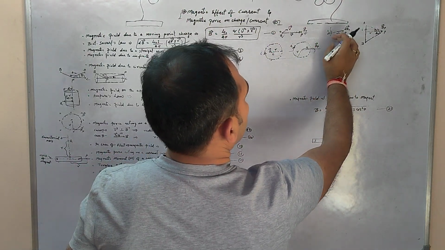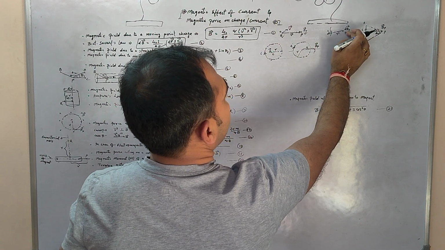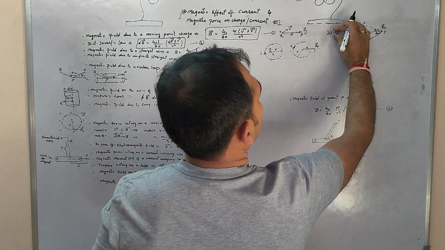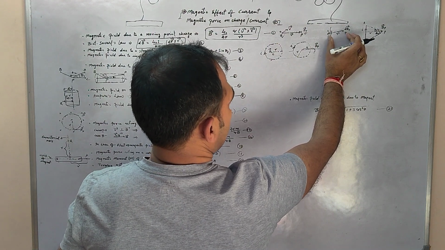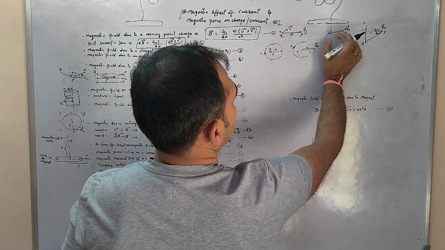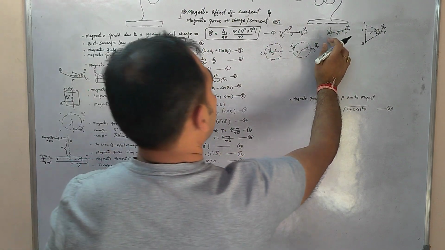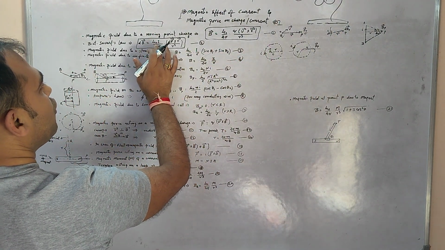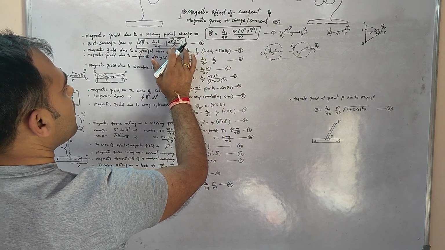So magnetic field dB due to this small dl at a distance r, where the position vector will be this r, can be given by dB is equal to mu naught I upon 4 pi dl cross r by r cube.